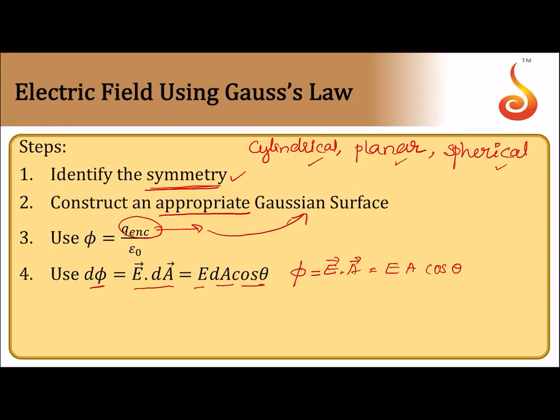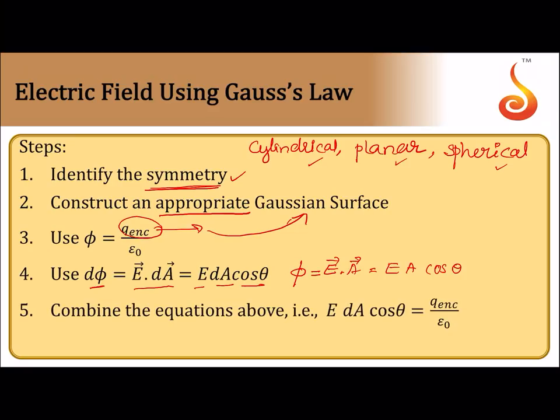You have already come across this equation. Then the next step is to combine these two equations. That is E dA cos theta is equal to Q enclosed divided by epsilon naught. And the last step is to solve this equation for the unknown. What is our unknown? Our unknown is nothing but the electric field.